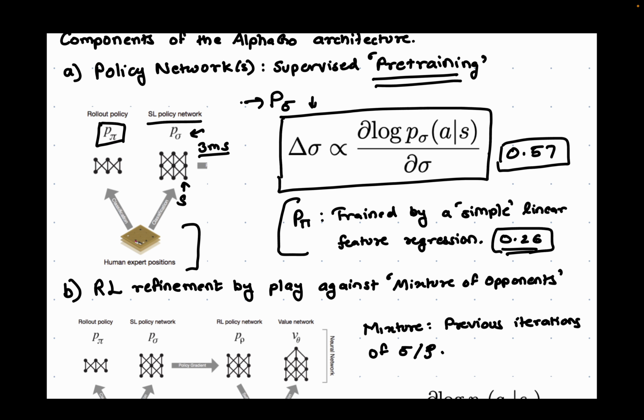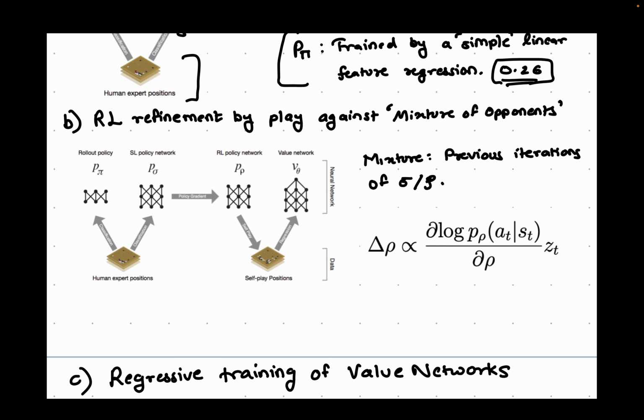Okay, so I hope you understood how the policy networks are trained. It is vanilla supervised learning and vanilla feature regression. Let us look at the next part. What you then do is what you would popularly know by the name of fine tuning.